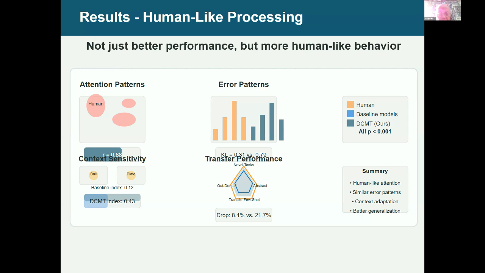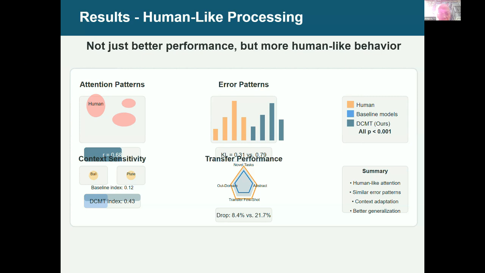The error patterns panel shows that our model makes similar types of mistakes as humans, particularly in cases that require integration of multiple information elements. The context sensitivity panel demonstrates that our model adapts to contextual factors in a human-like way, adjusting token representations based on task demands and semantic relationships.